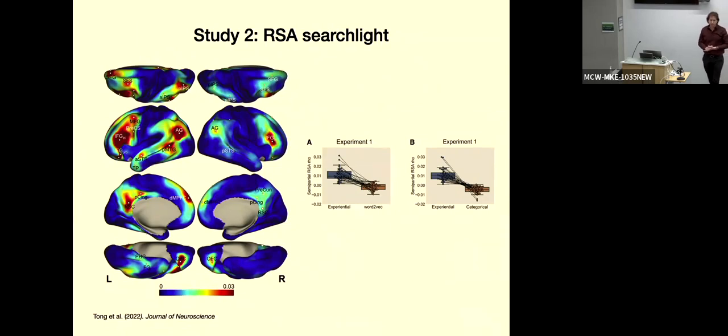There are ways to investigate that. We haven't done that yet, but it's a natural thing to investigate. One way is to vary the task demands, say, doing lexical decision as opposed to semantic decision. In lexical decision, the semantic information is incidental to the task. It happens almost like a reflex.